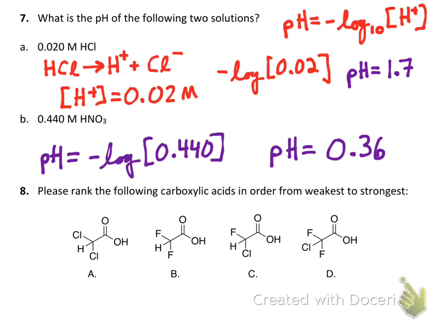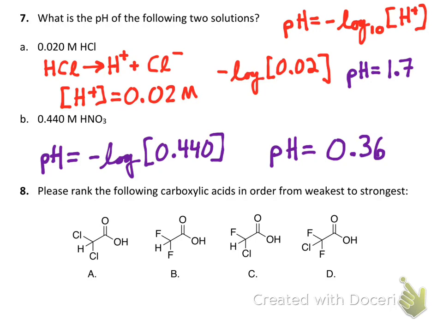Okay, so for the next problem, we have to arrange the following carboxylic acids in order from weakest to strongest. And remember, a good rule of thumb is to look for the number of electronegative atoms on a given carboxylic acid. A little bit of a generalization, but that's what we're going to be rolling with. So the more electronegative atoms we include, the stronger the acid becomes.